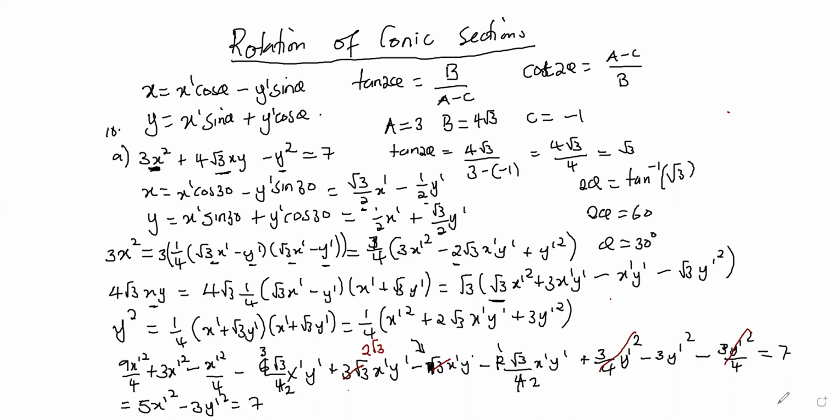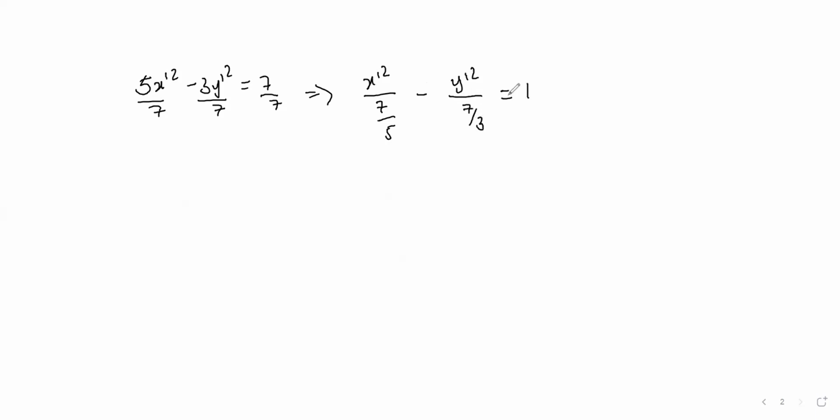So we can transfer this information to another page. We're going to have 5 x prime squared minus 3 y prime squared is equal to 7. So we divide by 7, so that we get x prime squared over 7 over 5 minus y prime squared over 7 over 3 is equal to 1.